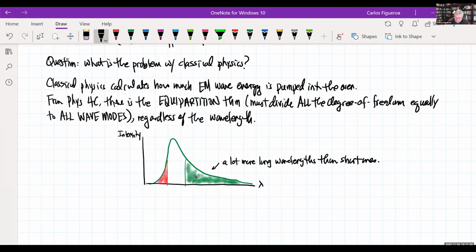But nonetheless, that's really the downfall of classical physics right there. And if you had really looked at this, it would have been able to tell you this.